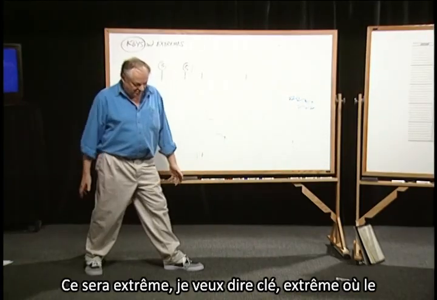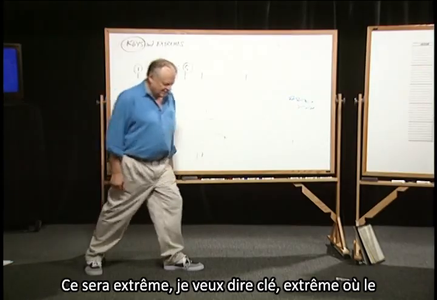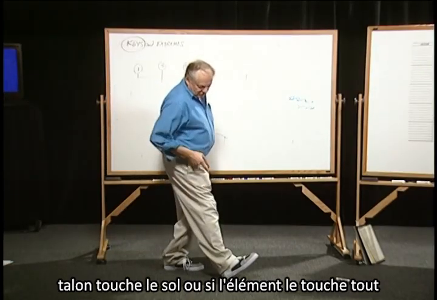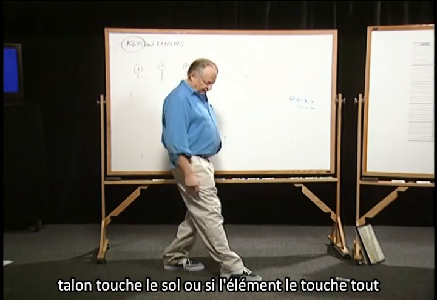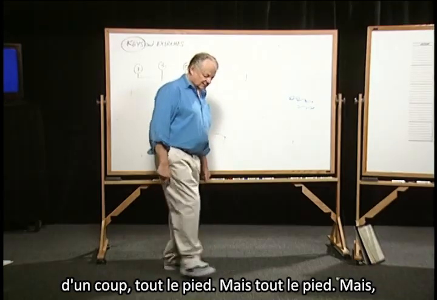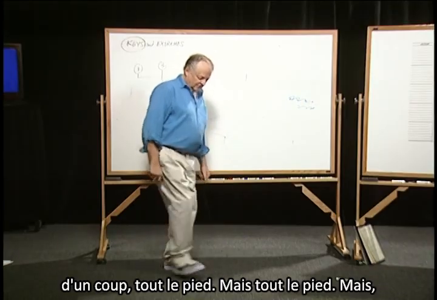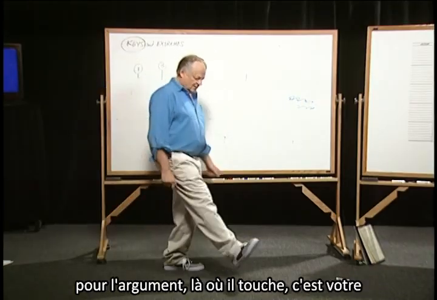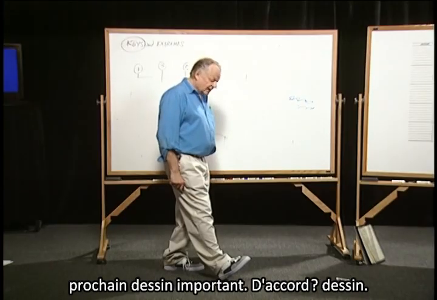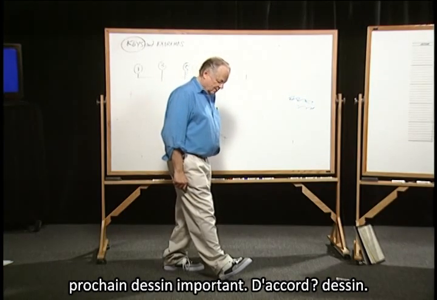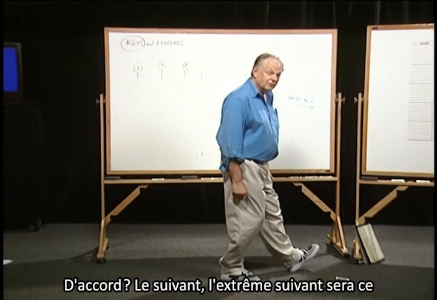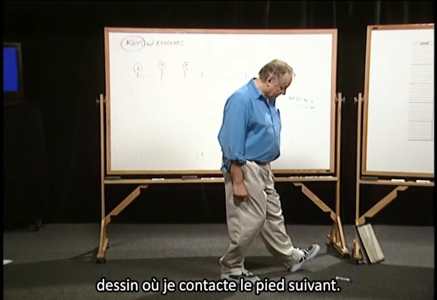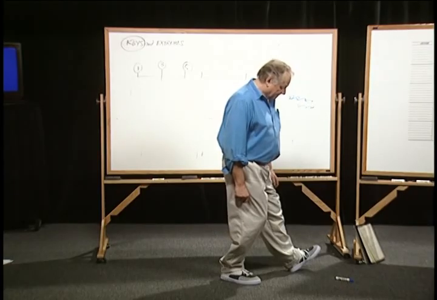It's going to be extreme, key, extreme where the heel contacts the ground, or maybe the whole foot contacts it all at once. But for the sake of argument, where it contacts, that's your next important drawing, right? The next extreme is going to be that drawing, where I contact the next foot.